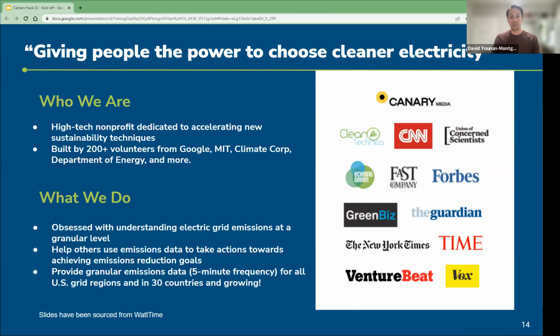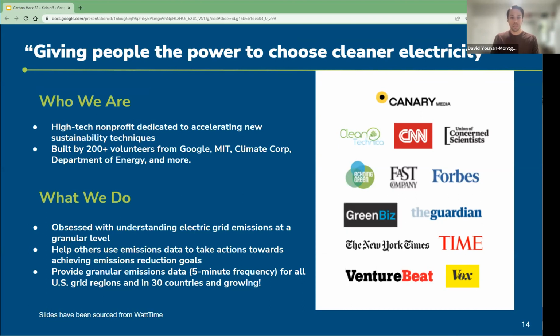We do that by providing real-time, location-specific grid emissions data across North America, Europe, and Australia. We focus on marginal emissions, which are the emissions that are caused by using electricity at a specific place and time. And our partners like Google, Microsoft, and the GSF use this data to create products and tools that shift load to cleaner times and places.